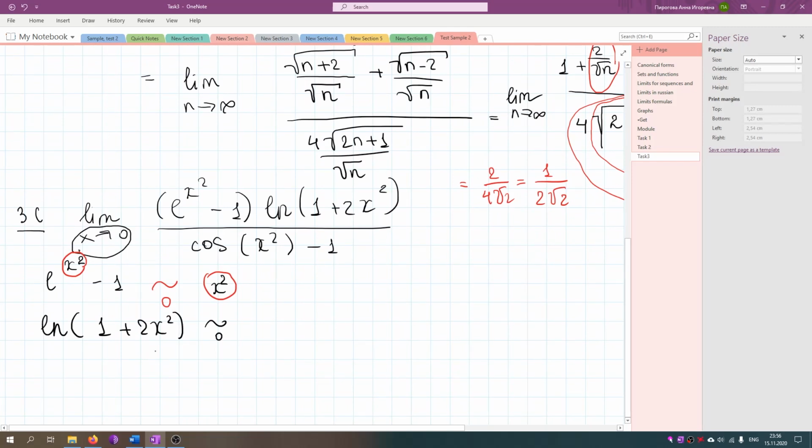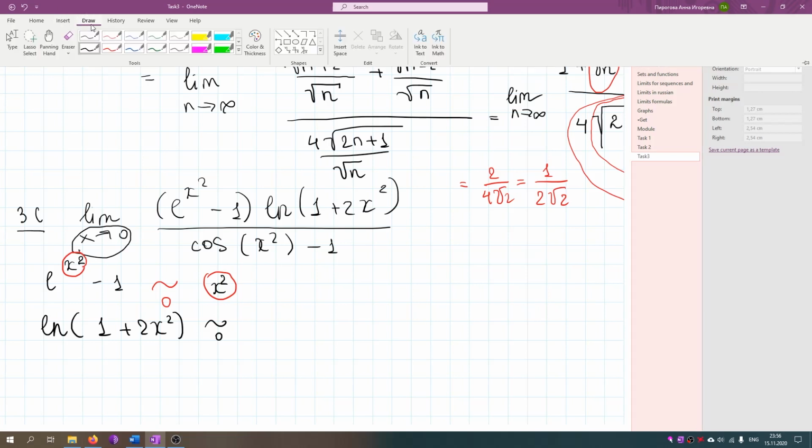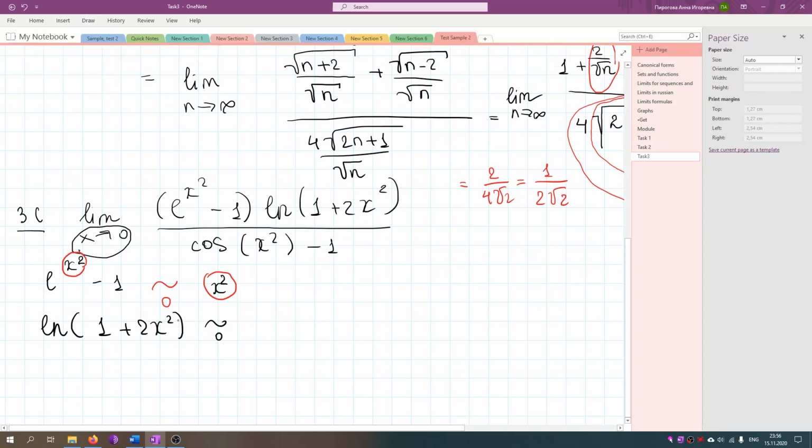As you can see here, our argument is not just x, but all this part, 2x squared, and this part we will use in our equivalent function, 2x squared.